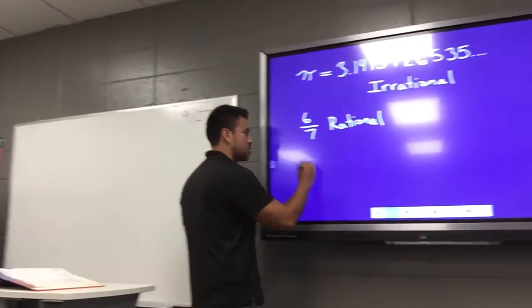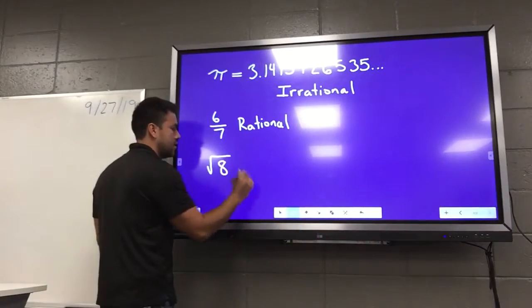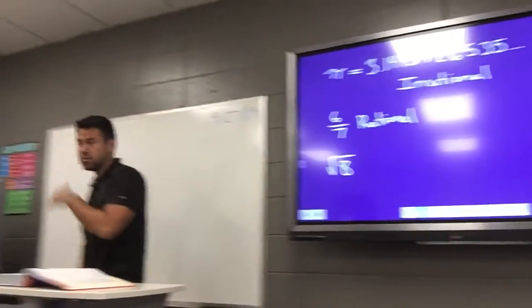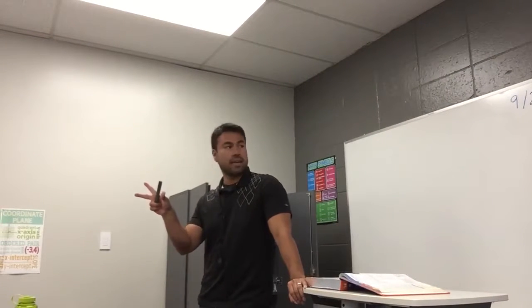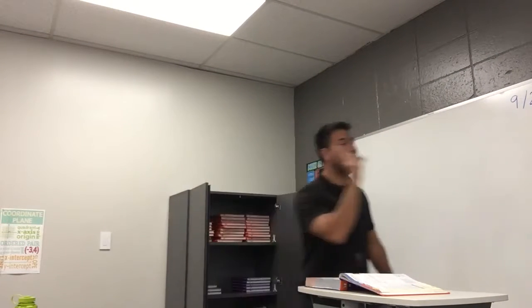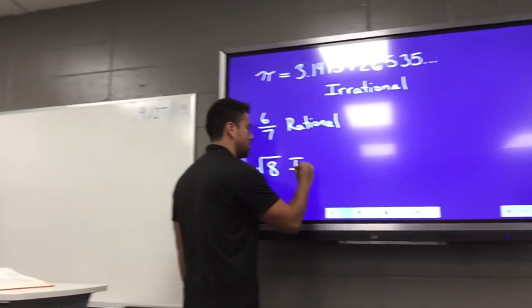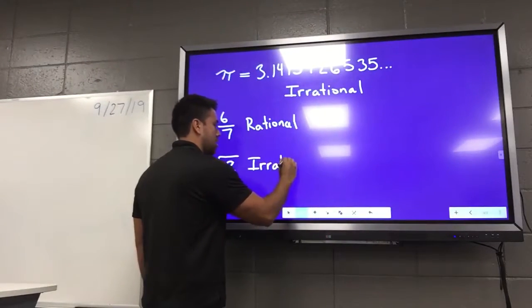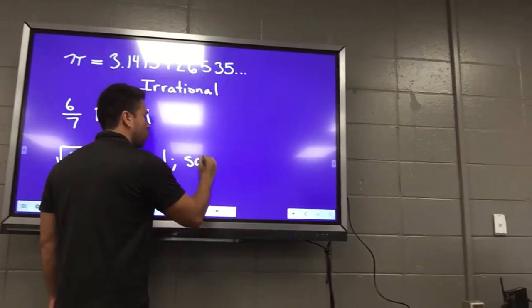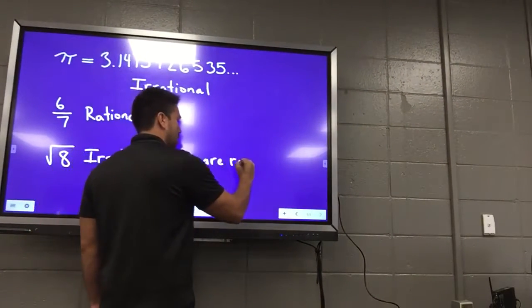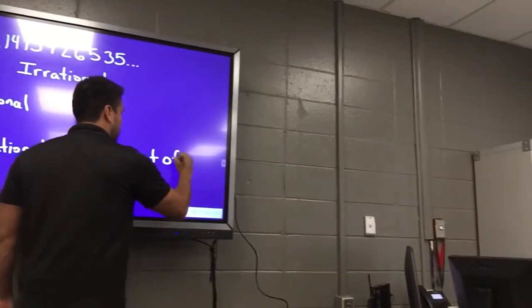All right, the square root of 8. Rational or irrational? And you're like, I don't know. Okay, here's a little hint. It is irrational because, so I'm going to put irrational. It is a square root of, and write these down.